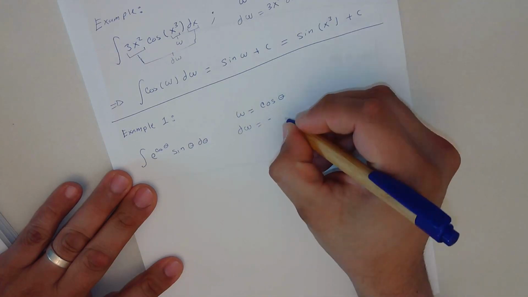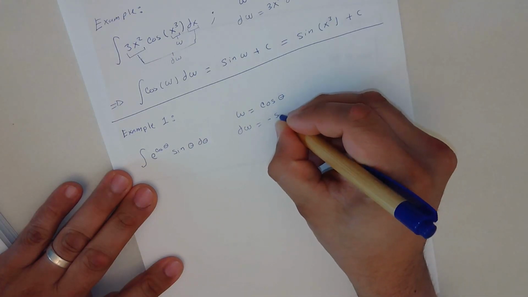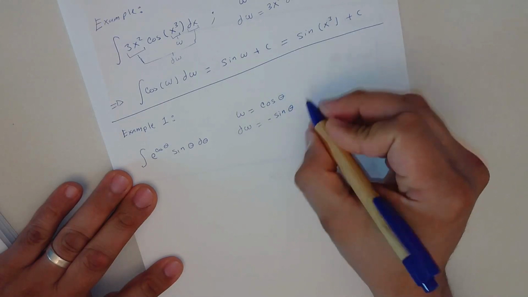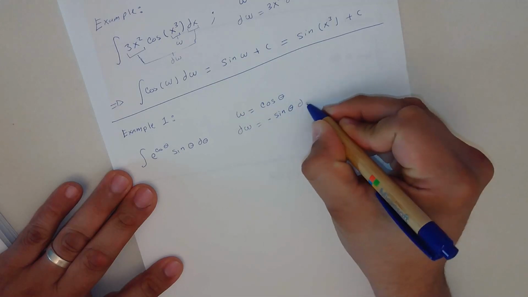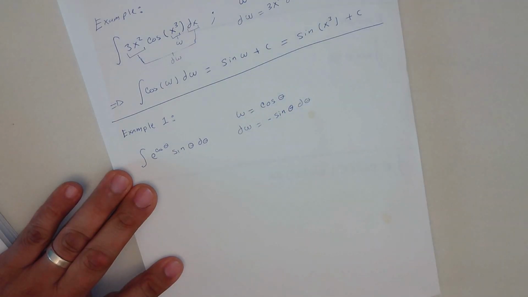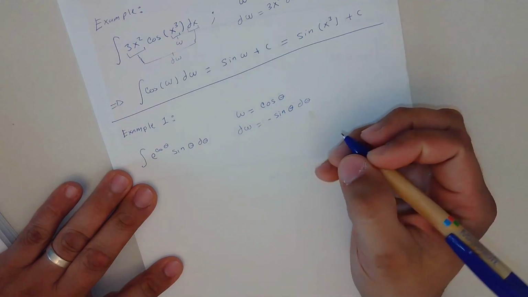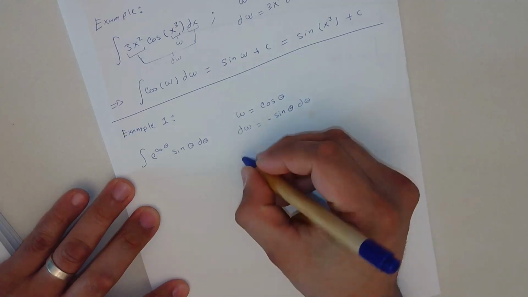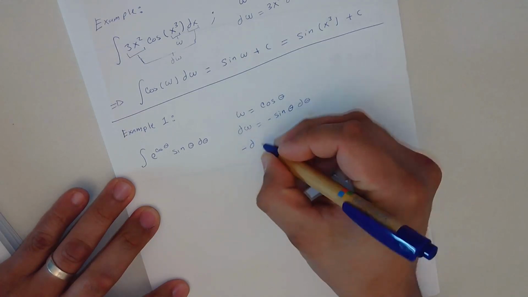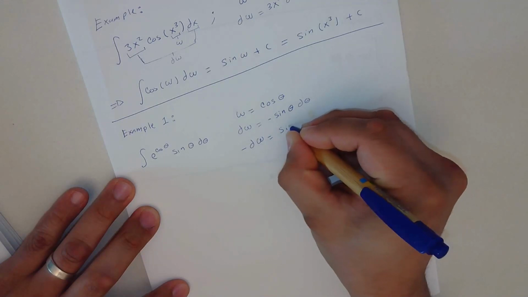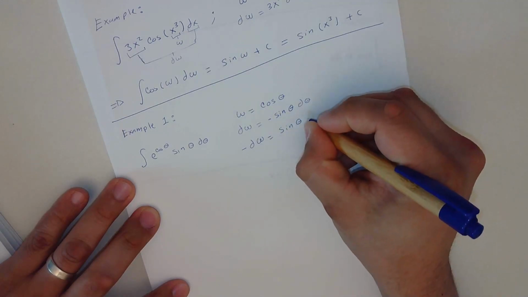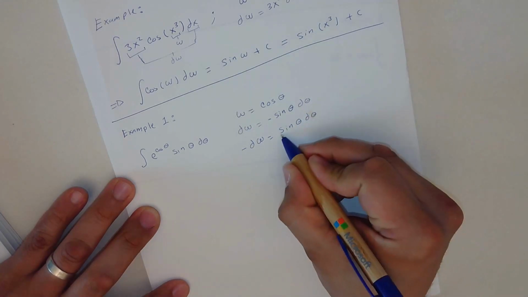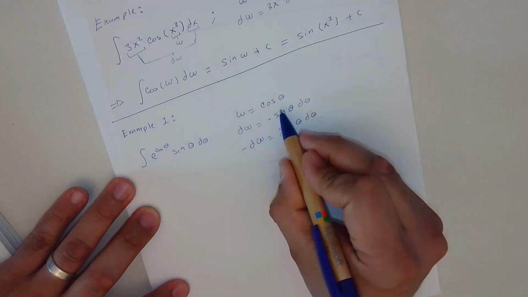It will be minus sine of theta times the derivative of theta. But here we don't have any negative sign, so we can move this to this place, and we have sine of theta d theta.